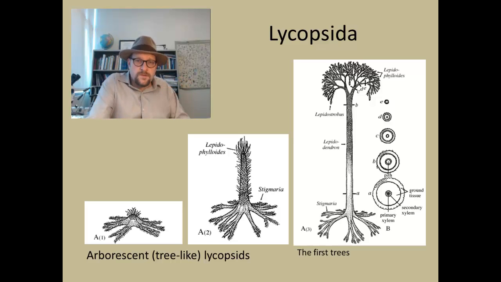So this is a diagram here. Now notice that there are names that are tied to each one of these. These are form names. So Stigmaria is the form name for the roots that are fossilized. Lepidodendron is for the bark, and then Lepidostrobus is for the spore-like structures that you see, and then Lepidophyllum is for the leaf-like structures.